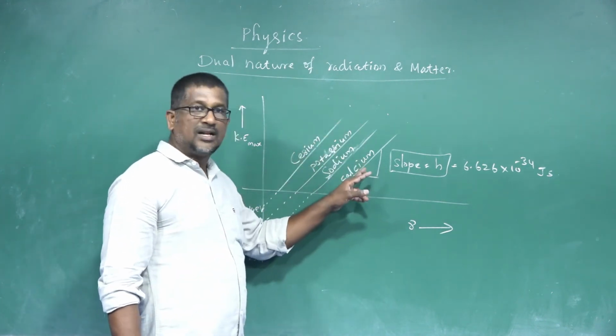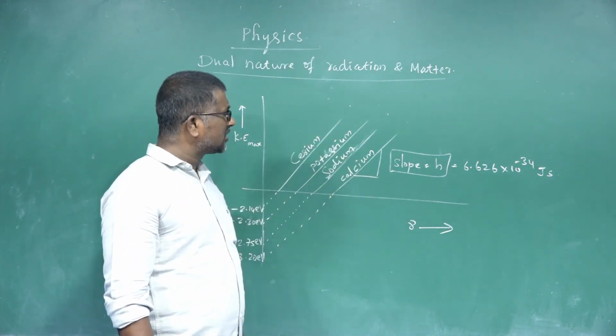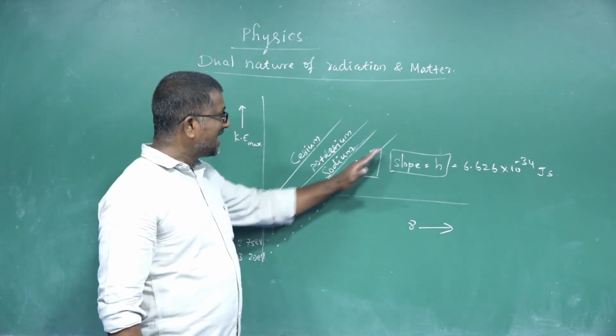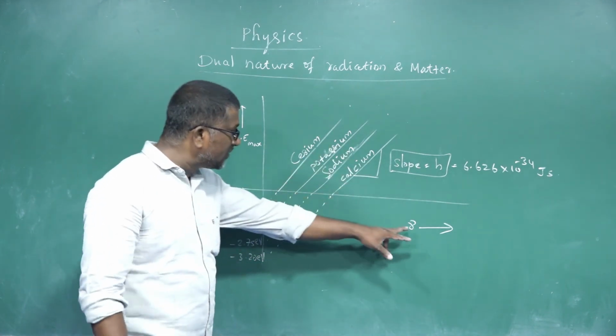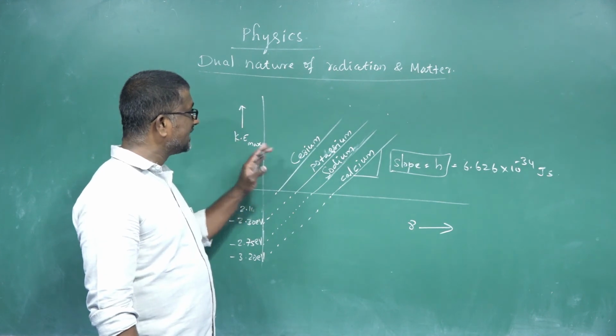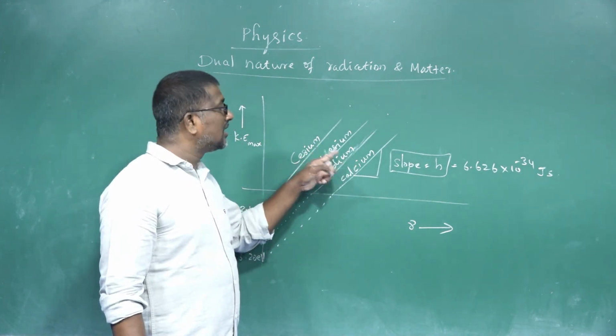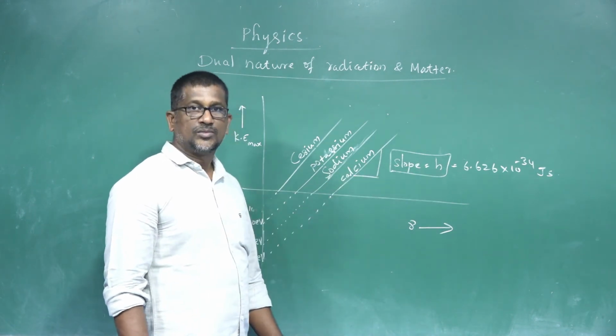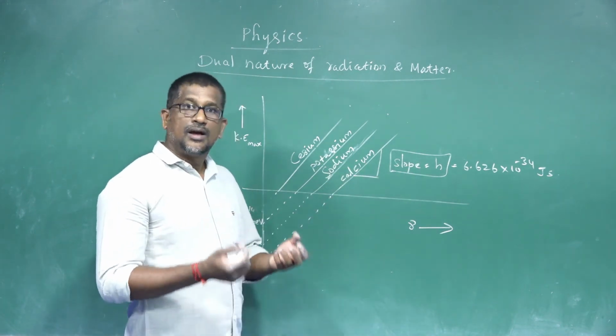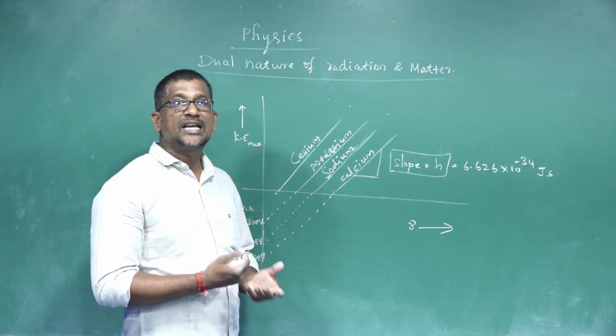For all the metals, even though different metals are used in that experiment, the graph drawn between the frequency of the radiation and the kinetic energy is always a straight line. The slope of the line gives Planck's constant. Millikan measured the value of Planck's constant experimentally.